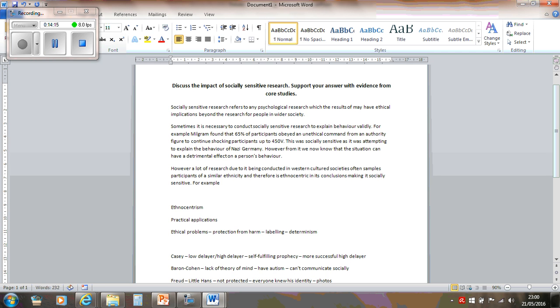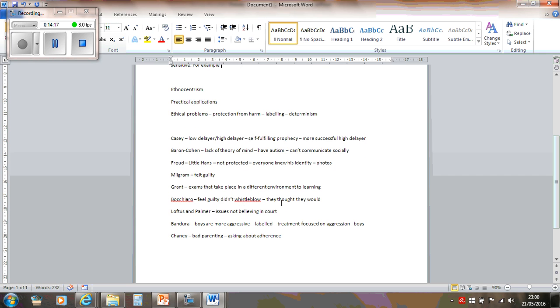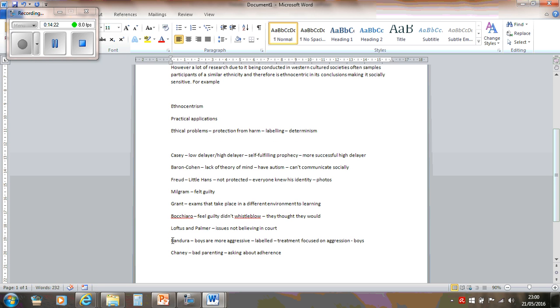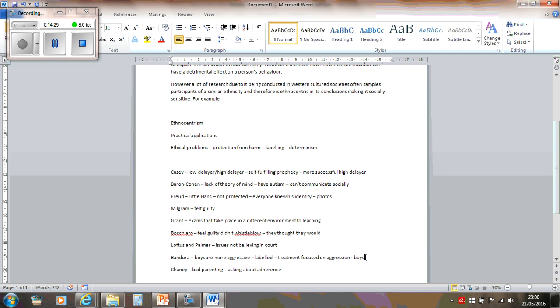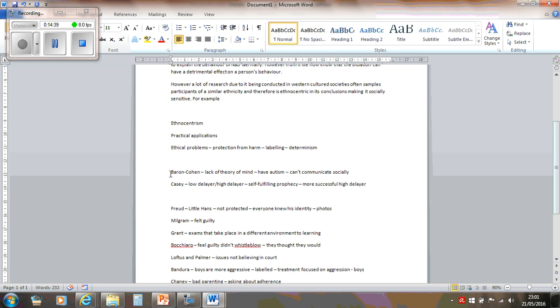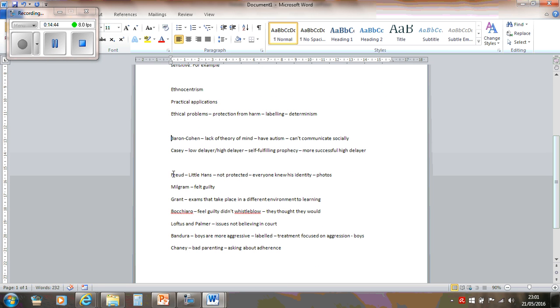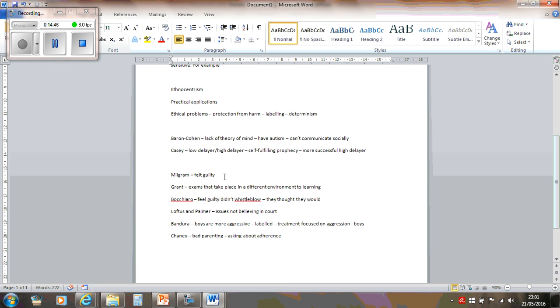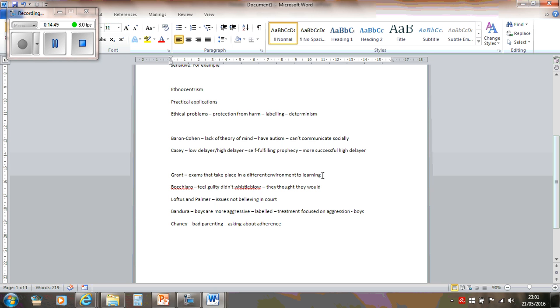For example, maybe I've got treatment. That's quite good for labelling, but then so's that. Although that could be good for practical applications. Slide's not really very good. It's not a very good study anyway. That's not as socially sensitive as it could be.